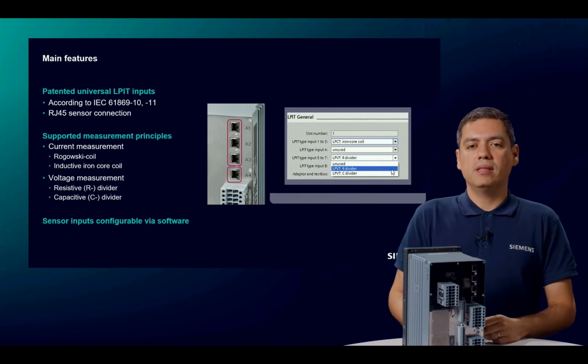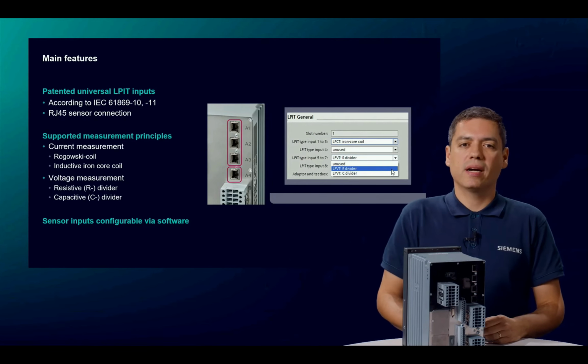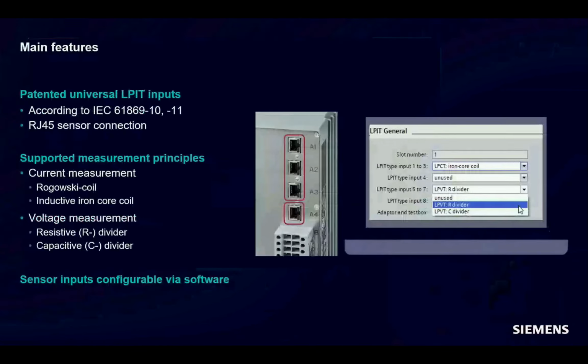These LPIT inputs are standardized according to IEC 61869-10 and -11. This means that all sensors compatible with this standard, whose connection cables end in RJ45 plugs, can be connected and used together with the 7SY82. These inputs can be described as universal.